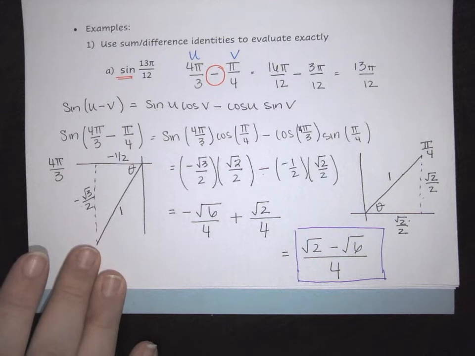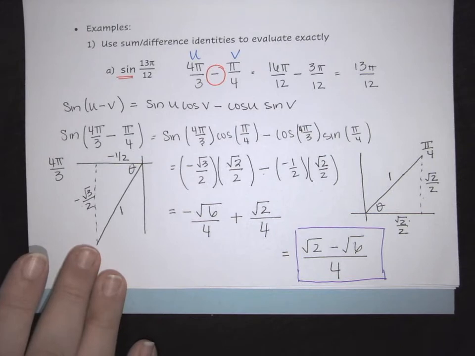Now if you remember, the first thing I said was that we could do this two ways. So I showed you how to do it using a difference. Let me show you how to do it using a sum. So I still want to find the sine of 13 pi over 12.